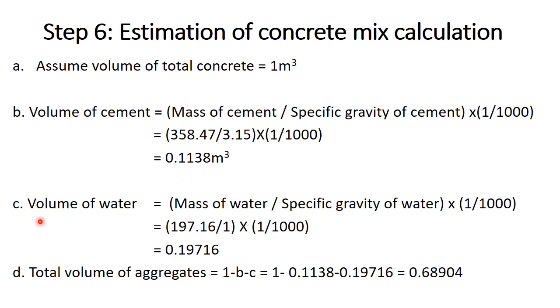Next we determine the volume of water, equal to mass of water divided by specific gravity of water into 1 by 1000. So 197.16 divided by 1 into 1 by 1000 will be equal to 0.19716. So the total volume of aggregate will be 1 minus 0.1138 minus 0.1971, which is equal to 0.68904.